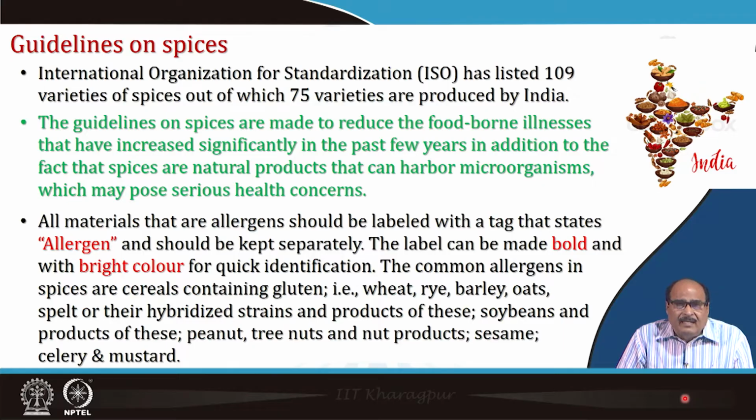So, all materials that are allergens should be labeled with a tag that states allergen, and it should be kept separately. The label can be made bold and bright in color for quick identification. The common allergens in spices are the cereals containing gluten, wheat, rye, barley, oats, spelt or hybridized strains and products of these, soybean and products of these, peanut, tree nut and nut products, sesame, celery and mustard, etc. Okay.